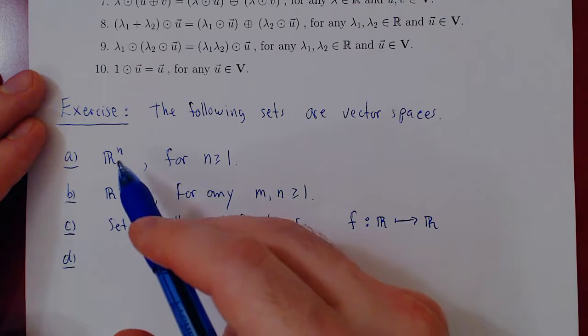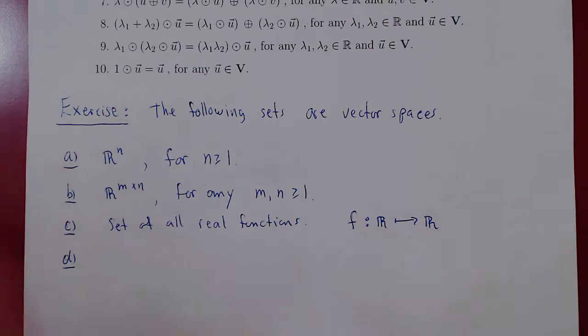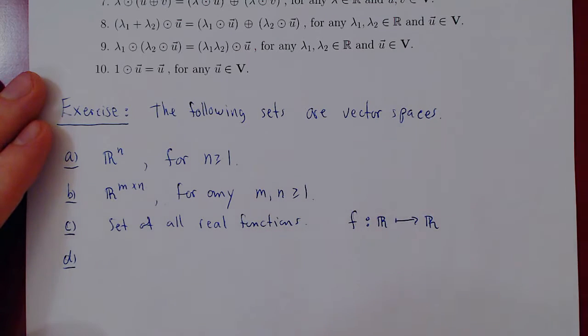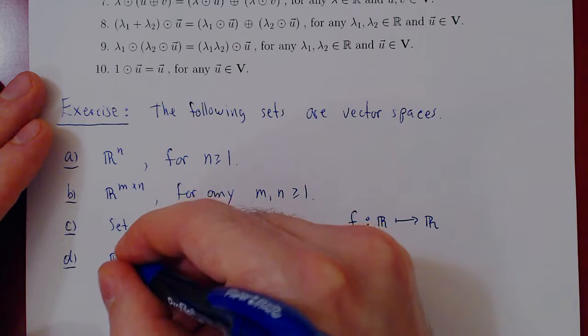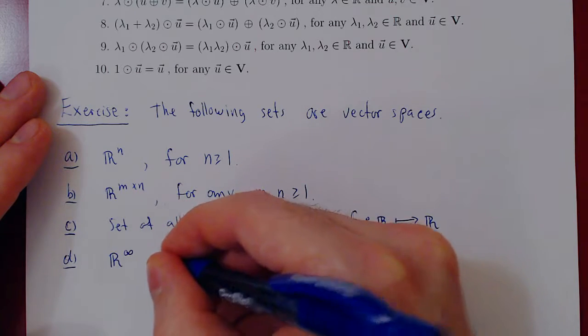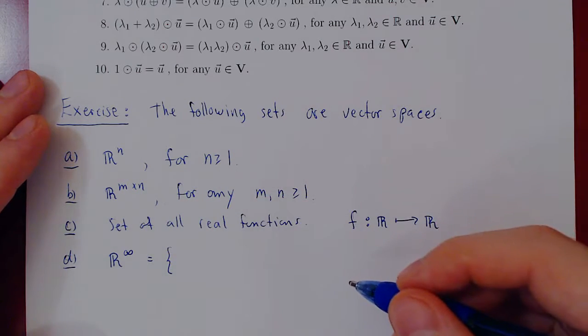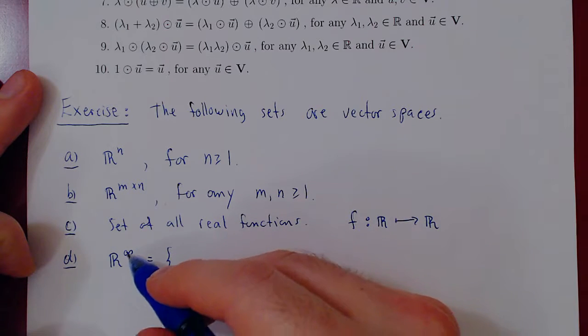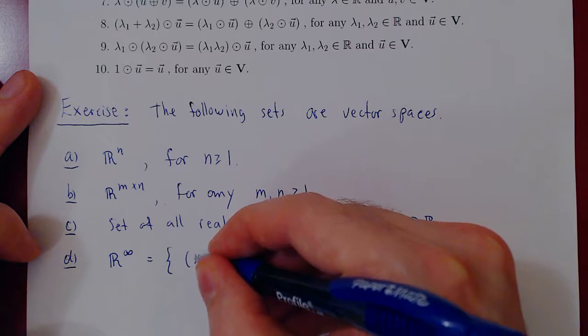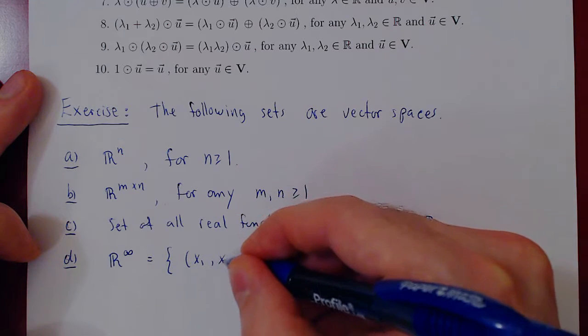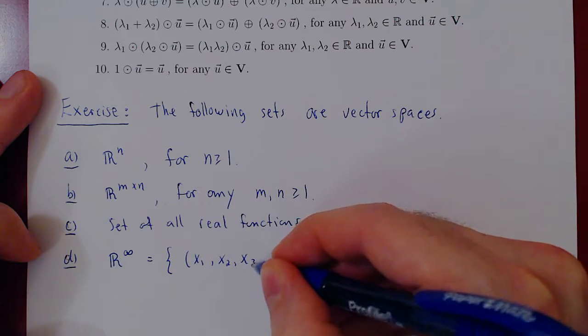you can ask, what if we consider vectors with an infinite number of components? Is it still a vector space? This will be the space of real sequences, R infinity. Again, think of them as vectors with an infinite number of components, therefore as sequences. So x1, the first entry of our sequence, x2, x3.